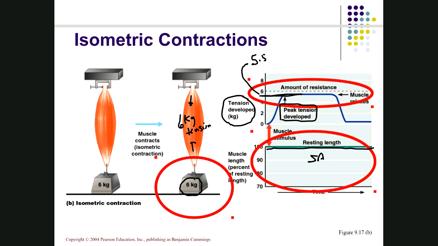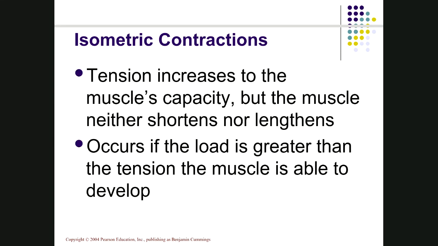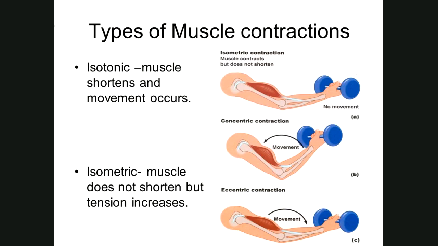Same length. So when I look at an isometric contraction, the tension in the muscle never equals the load. The load is greater than the tension. And so the muscle cannot lift the load, and so the muscle does not get any shorter. And so when we look at it, here is an isometric contraction.